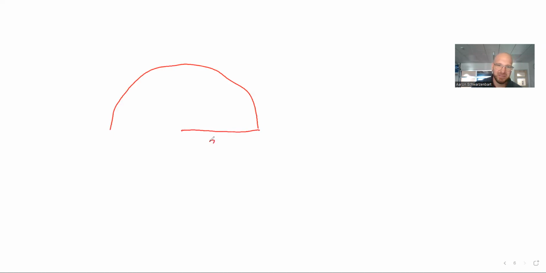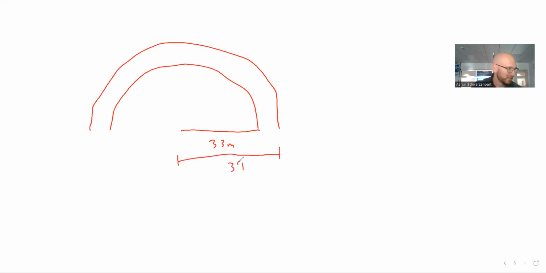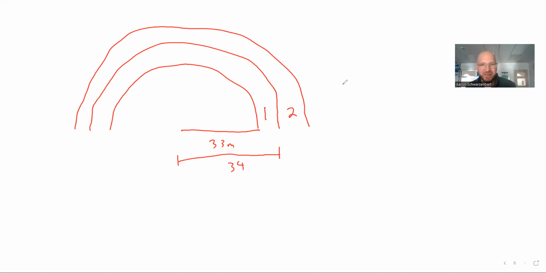This one's 33 meters, and the outside of the first lane is the inside of the second lane. That one's radius 34 meters. When you're running, you're allowed to use the inside, so we measure our distances based on the inside of each lane. Lane 1, lane 2. How much longer is lane 2 than lane 1 around one turn?